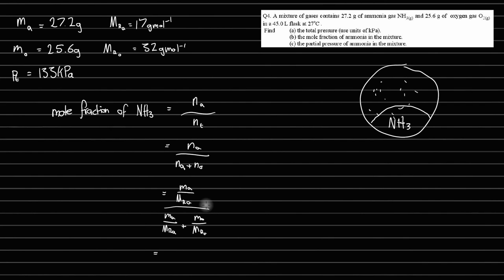And we've already showed all those values before. If you were to do it on a calculator, that would come out to be 0.667 to 3 significant figures. Units of the mole fraction, there wouldn't be any units, as we could think that's moles divided by moles, which cancels.